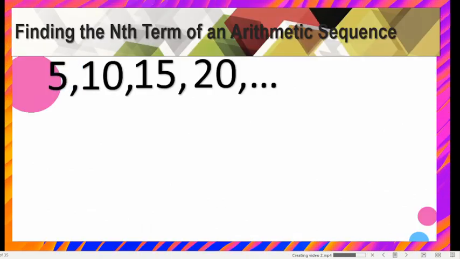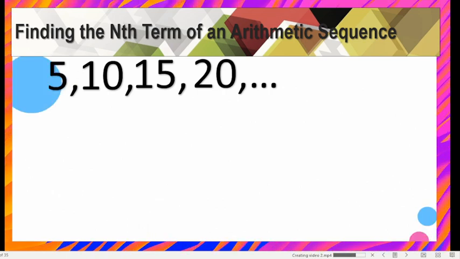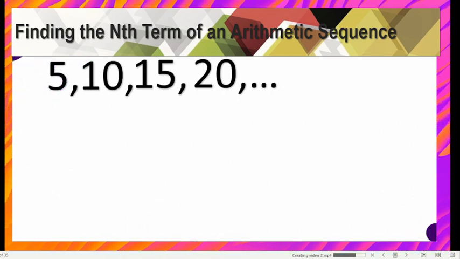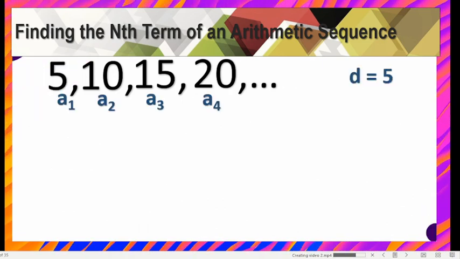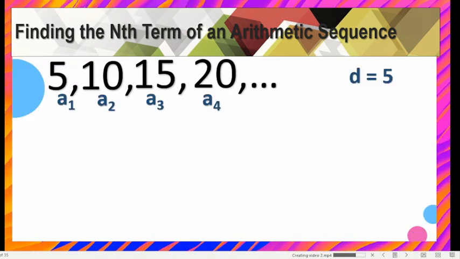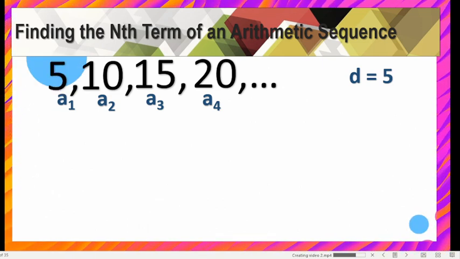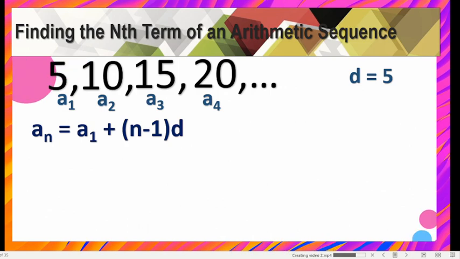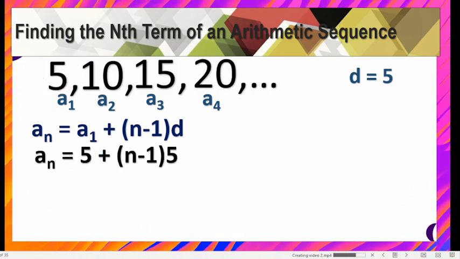Using the process, we're going to find the nth term of a given particular arithmetic sequence, wherein the common difference is 5, and all the terms are denoted by a sub 1, a sub 2, a sub 3, a sub 4, and so on and so forth. We're going to use still the general term for an arithmetic sequence.